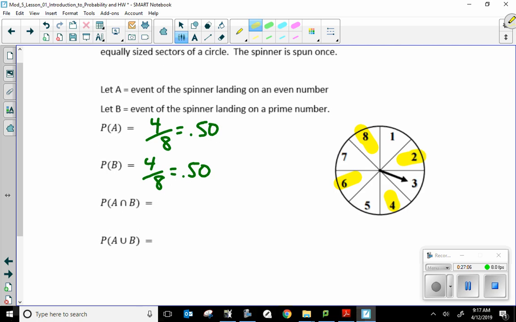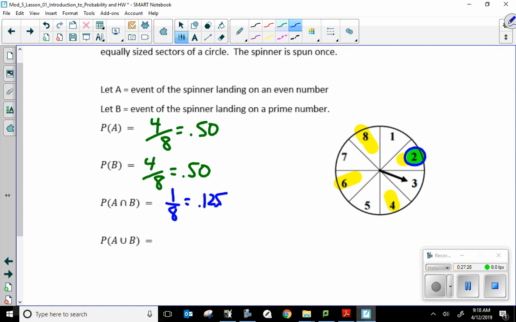Now, out of those even numbers, which ones are prime? 2. That's the only prime out of the evens. So which one satisfies both? Only one value out of the 8 is even and prime. So that's 1 out of 8, and that is 0.125.